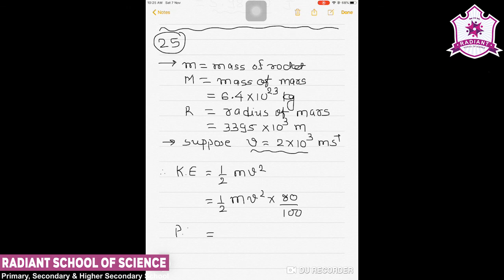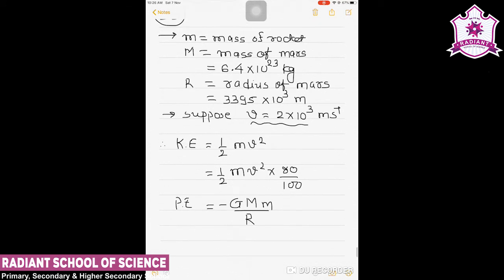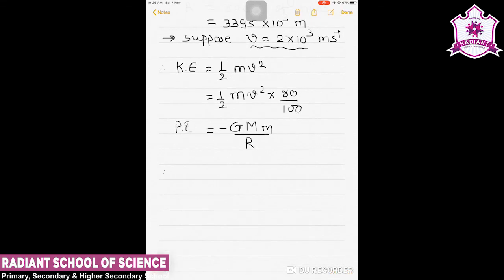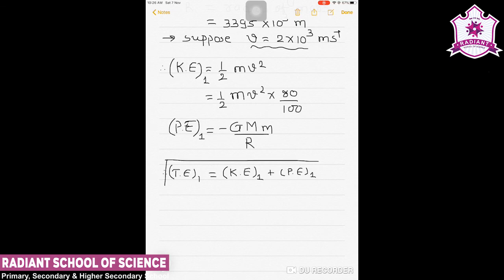Then potential energy is minus GMm over R. In the first condition, total energy 1 is equal to kinetic energy 1 plus potential energy 1.